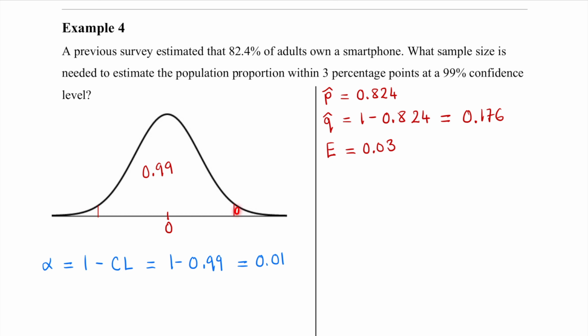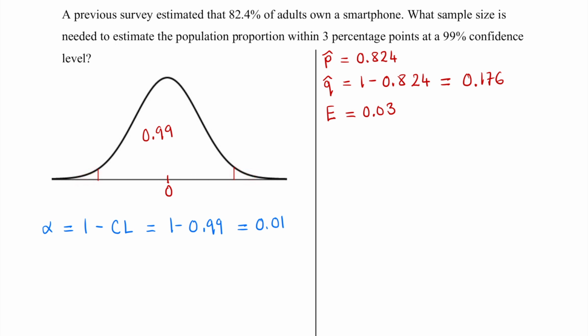Alpha is the remaining area, which is these two tails. We split that equally between the two tails. So alpha over 2 is 0.01 over 2, which is 0.005. So this area is 0.005, and this area is 0.005.